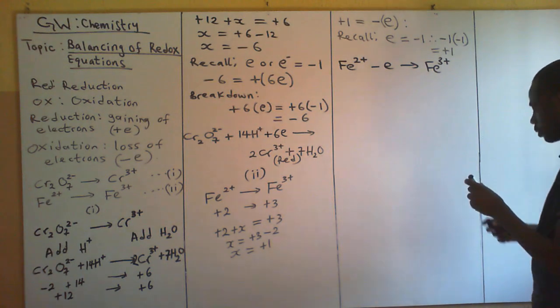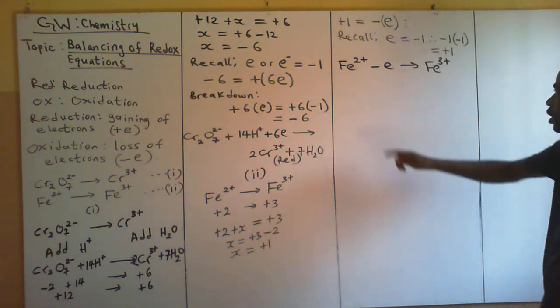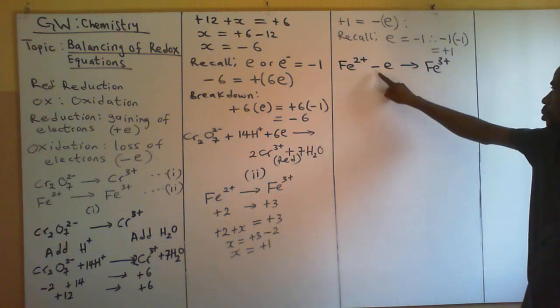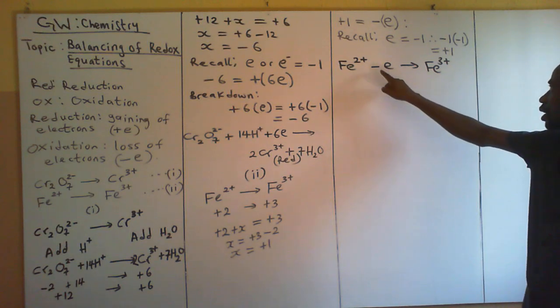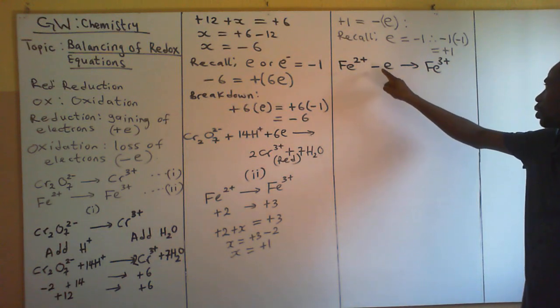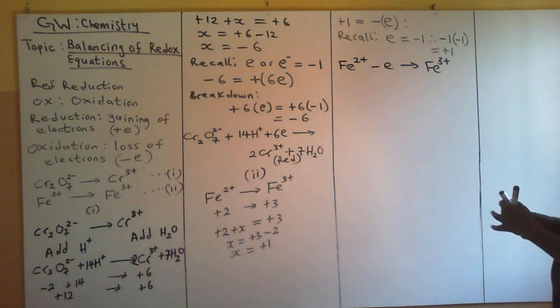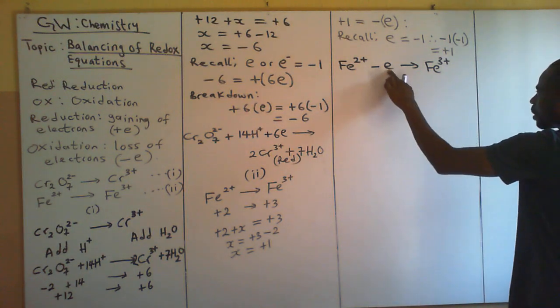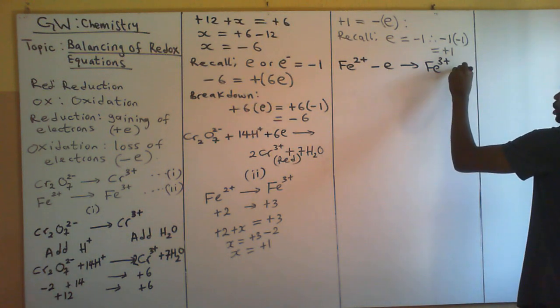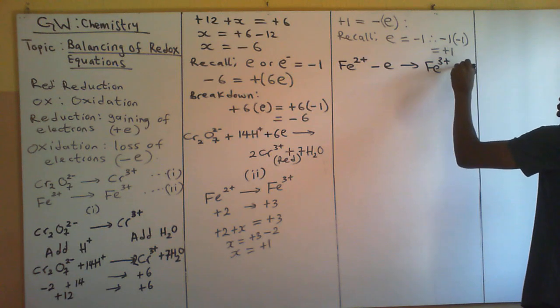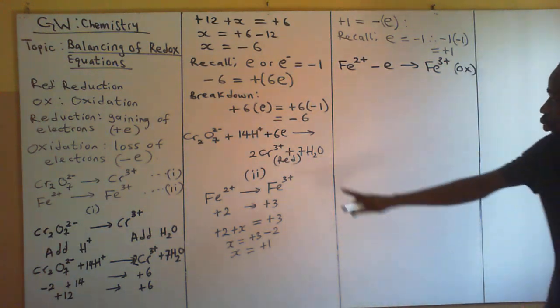The equation is balanced because this is plus 2, minus 1 times minus 1 is plus 1, plus 2 plus 1 is plus 3. Now look at it. Because of this minus, this loss of electron is oxidation. The first one is redox.